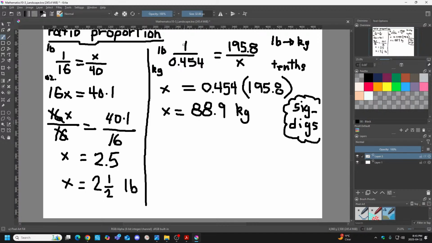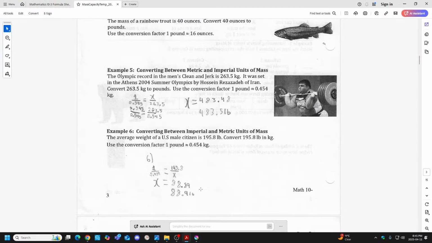It doesn't really matter which order you go. I would actually just have the one numerator on top. Just like this, the one numerator's on top. Probably the smartest thing to do. Again, just be consistent. So there we go, guys. We'll look at the question here.